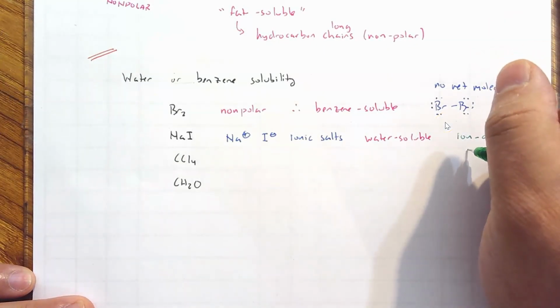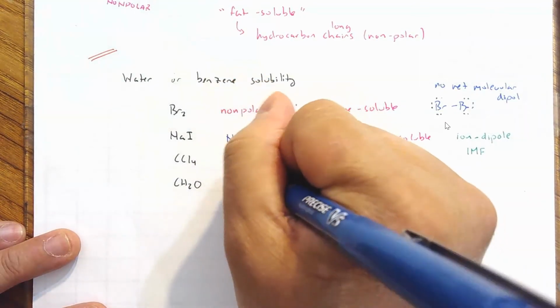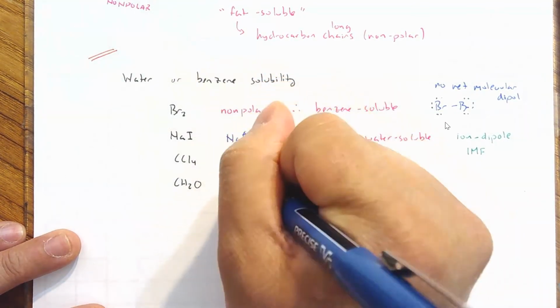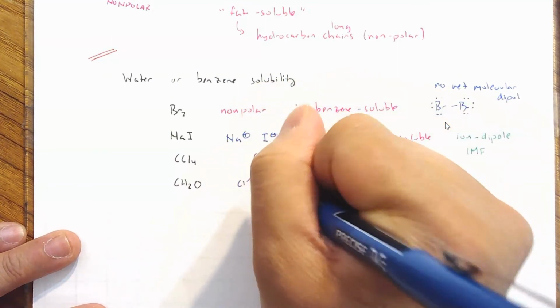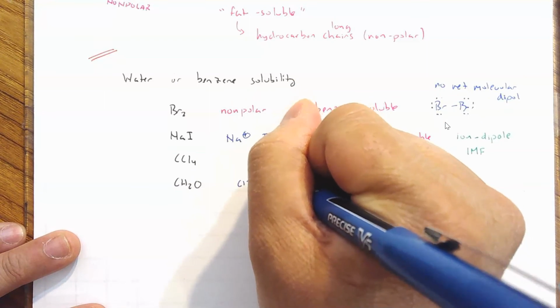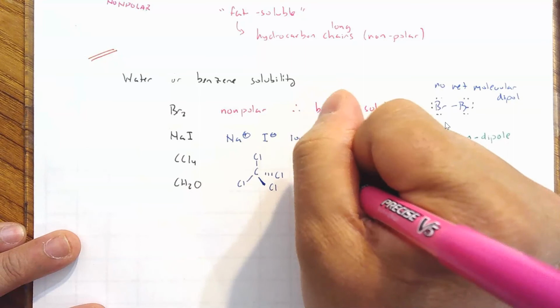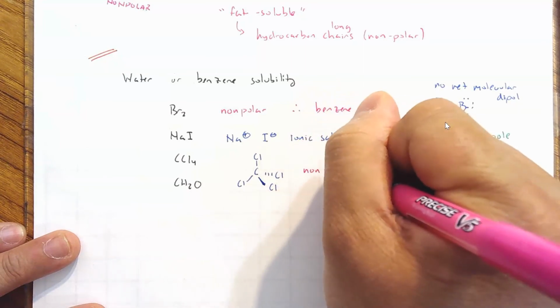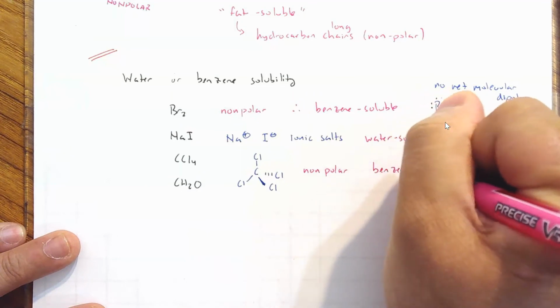Ion dipole, intermolecular forces. CCl4 is symmetrical because it's tetrahedral. Using the wedges and dashes, we could draw something like this. And that is nonpolar. Because the dipoles cancel out, this is benzene soluble.